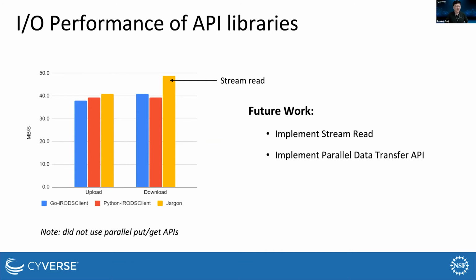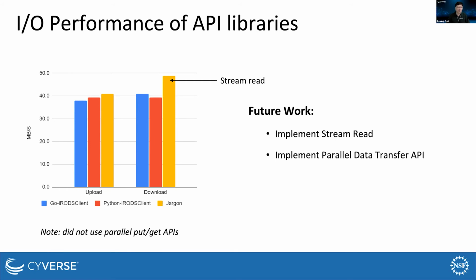Let's talk about the I/O performance. We compared the I/O performance of three iRODS API libraries: Go-iRODSClient, Python iRODSClient, and Jargon. Jargon is a Java library. Jargon was the fastest, as you see here.